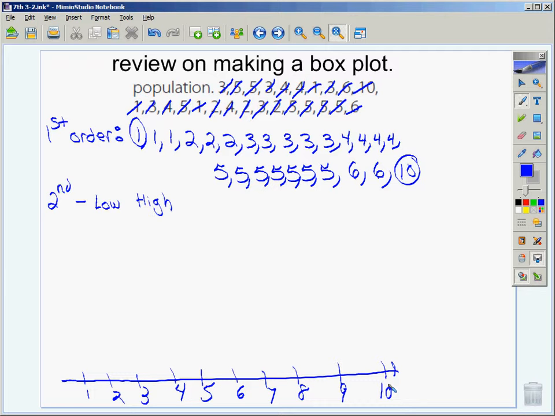The end of the low whisker, or the lowest quartile, is going to begin at 1, the low point. The high whisker is going to end at 10, the high point. That's 2 of the points.